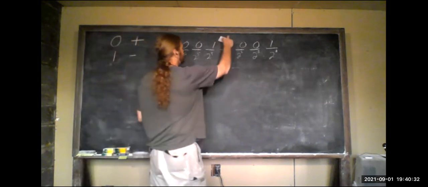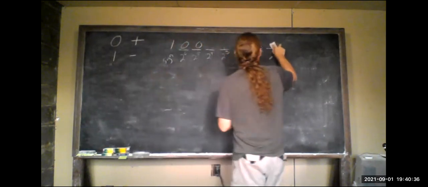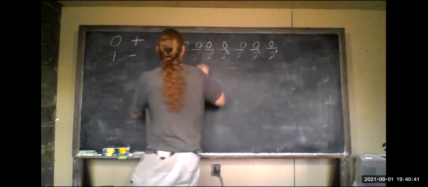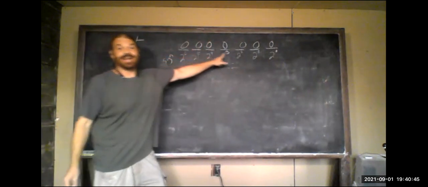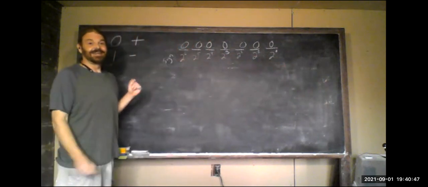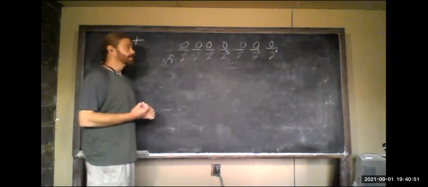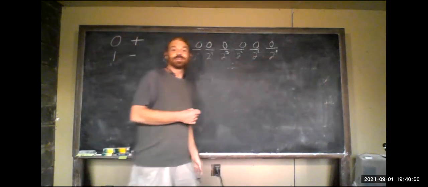I'm going to erase a couple of these 1s and write 6. And if I erase the sign bit, so that one's easy. What number is that? We don't have anything in any of our columns.